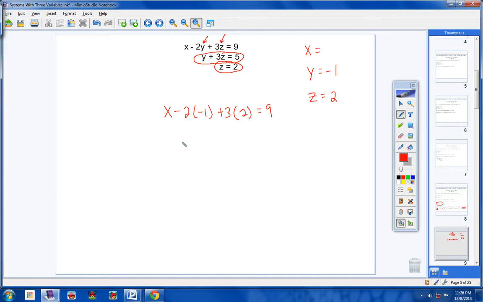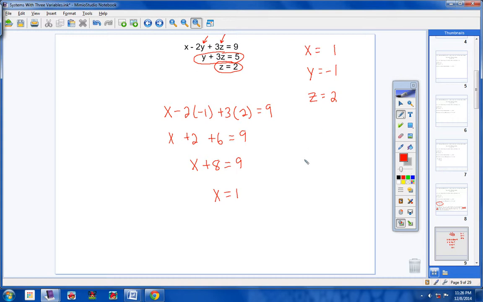Now let's solve for x. Negative times the negative is positive 2. Positive times the positive is positive 6. x plus 8 equals 9. Sorry about that, guys. Bring the 8 over and make it negative, and we get x equals 1.